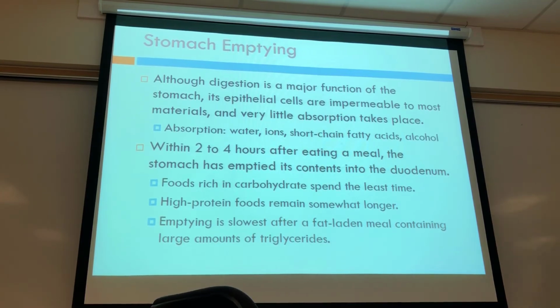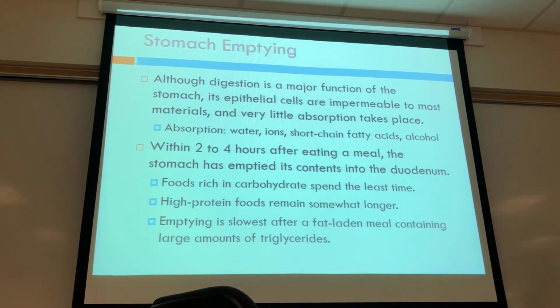So looking at the stomach, as I mentioned earlier, the stomach is primarily digestion, and very little absorption actually taking place. But what type of absorption does take place? Water, ions, some short-chain fatty acids, and alcohol.